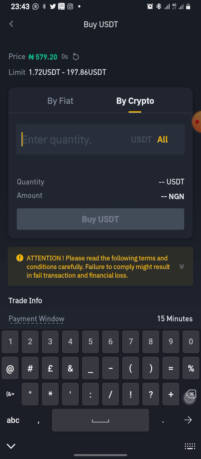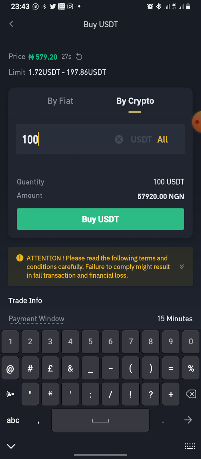So let's say I wanted to buy 100, which the person should have, and if I click on buy, because I don't want to open this trade, I'm not going to click on buy. If I were to click on buy, the next page that will come up will show me the individual's payment info, their account number, their bank name, their account name and all of that.